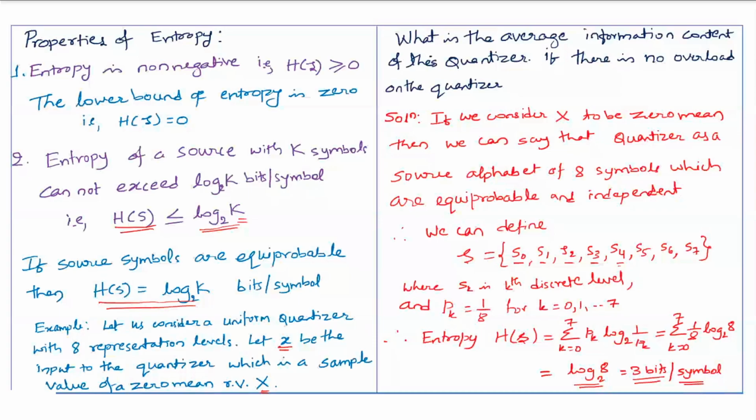For the person who was asking whether it is feasible to talk in terms of real fractions or real numbers, we can say this whole integer here is 3 bits per symbol, right? Now what does it say?